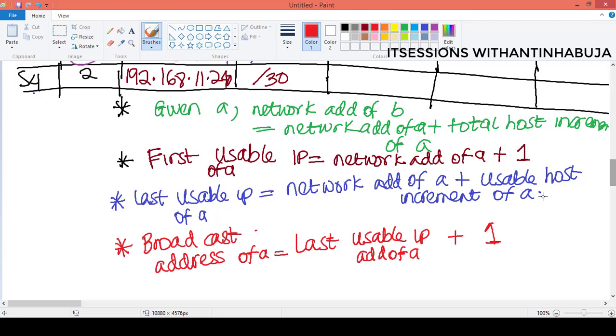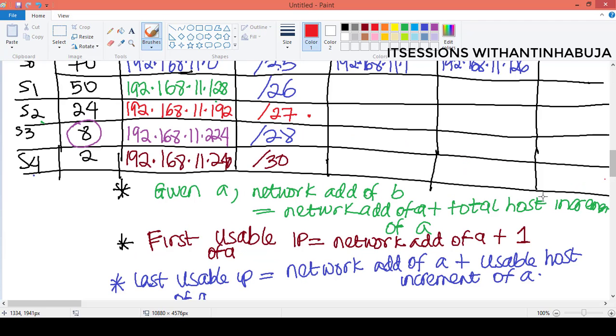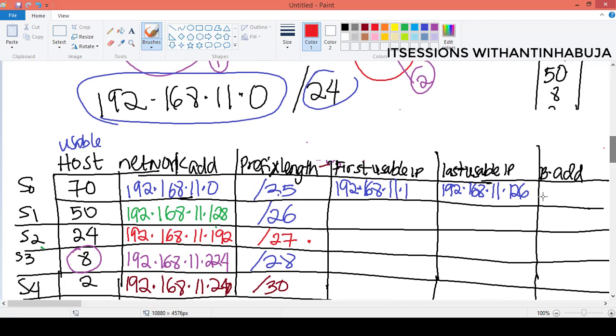That's how you get your broadcast address. So the last usable IP address of this is 192.168.11.126. So we add 1. It will now be 192.168.11.127. So now let's do for S1.